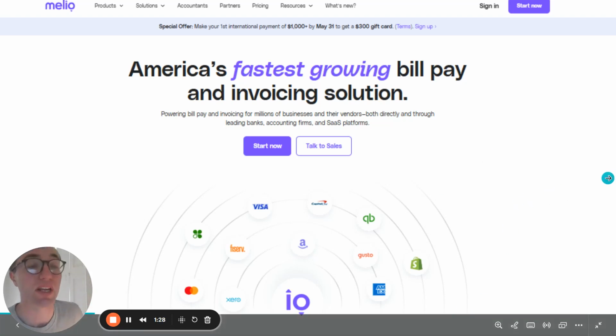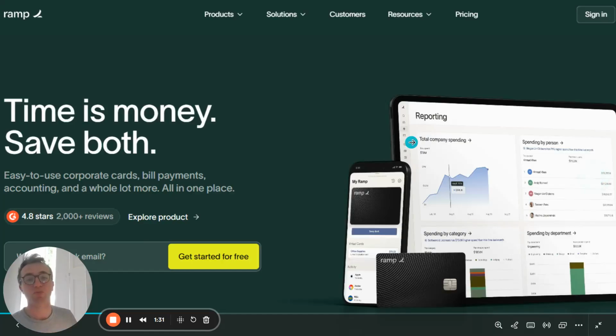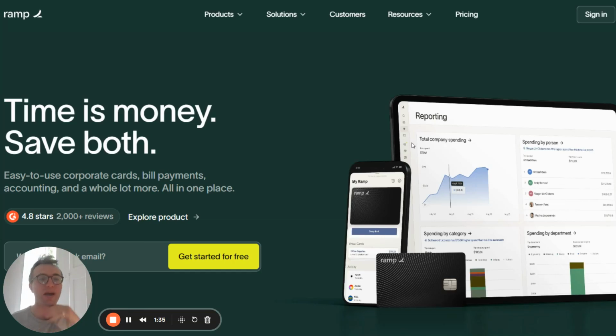And I suppose this is one of the key differences between Melio and Ramp. Ramp is scalable right up to the enterprise level. It really works well with bigger companies with demanding expense requirements and multiple teams, maybe with different processes in that regard. It is mainly an expense management platform, and I suppose its flagship offering is its corporate card system. So essentially, it will administer your corporate cards for use by your team.